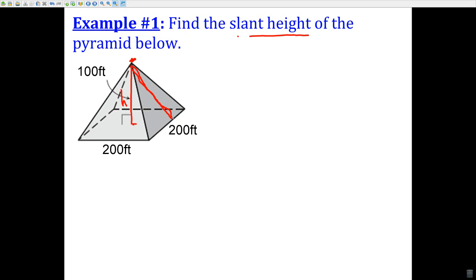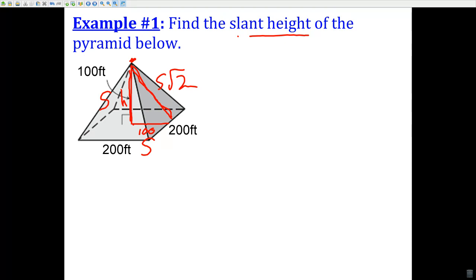Well, what we can do is make an imaginary right triangle right here. Well, we know that this is 100, right, over here, and then this is, cut in half, again, 100. Well, we have a 45-45-90 situation here, going back to those different special triangles.